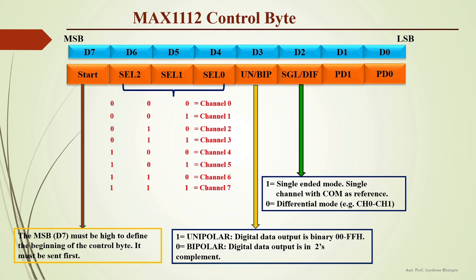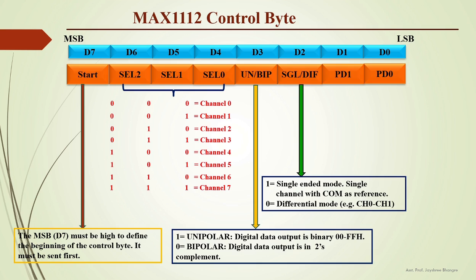If we make this bit equal to 0, then differential mode is selected, and a pair of 2 channels, for example channel 0 and channel 1, or channel 2 and channel 3, are selected. In this mode, the binary output is generated from the difference of the input signals on CH0 and CH1, that is the voltage at CH0 minus the voltage at CH1, and this difference will be converted into the digital output.